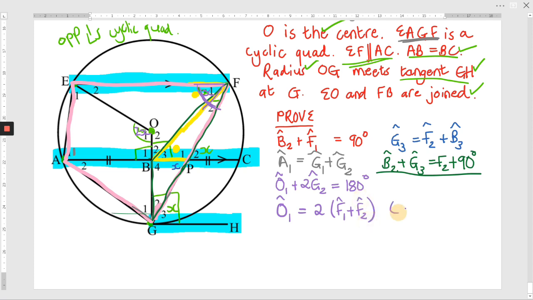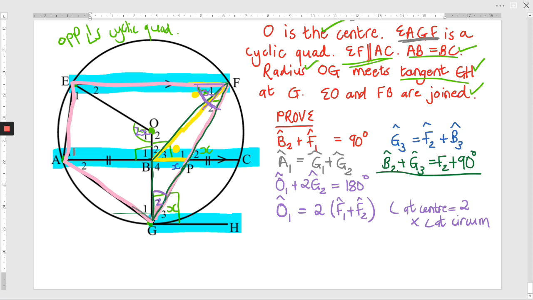And that was angle at center. But then I must link this to, I'm going to try and link the G2 and the F1 plus F2. So where's G2? G2 is in there. G2 is this little one there.